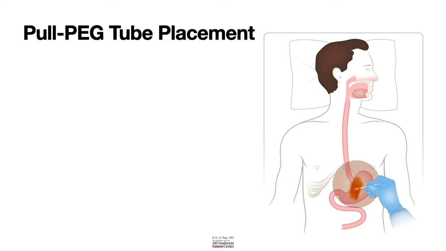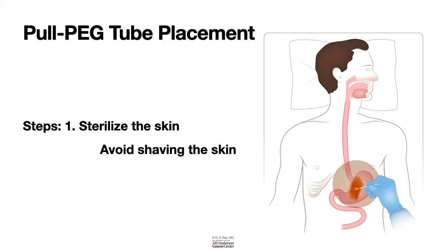So step 1 is sterilizing the skin. And if there is any hair, you should remove it, but you should avoid shaving the skin. Instead, use a clipper to remove the hair.